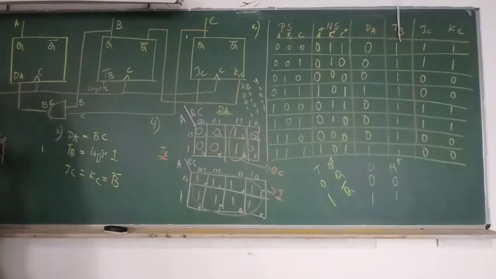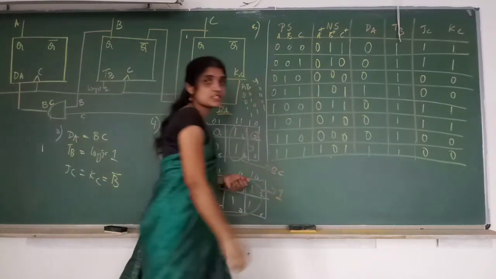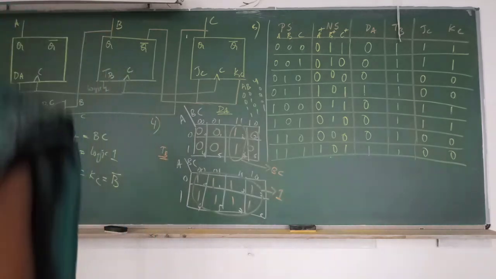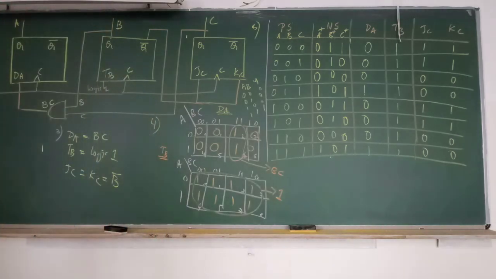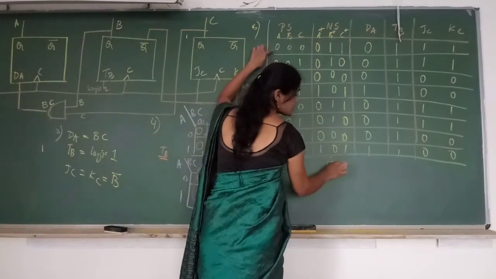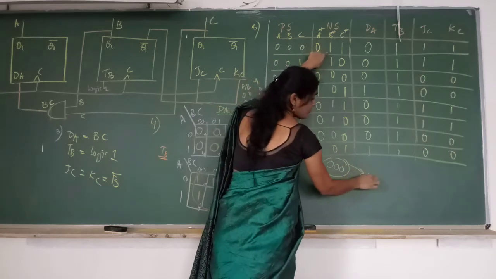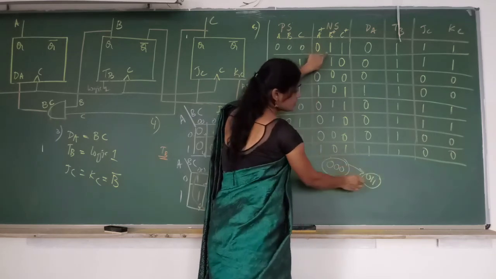Okay. So now write the state diagram for this. We shall write it here only. Can you see the state diagram? Yeah. So start from the first state, 0 0 0. If 0 0 0 is the present state, what is the next state? 0 1 1. Now this is the present state.